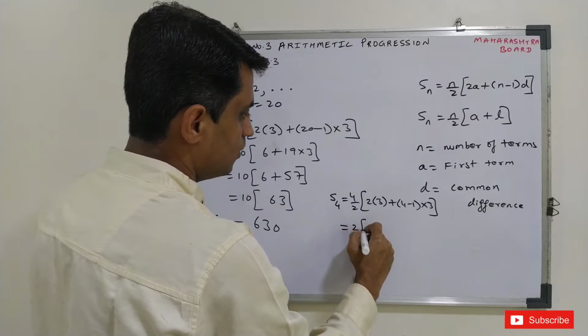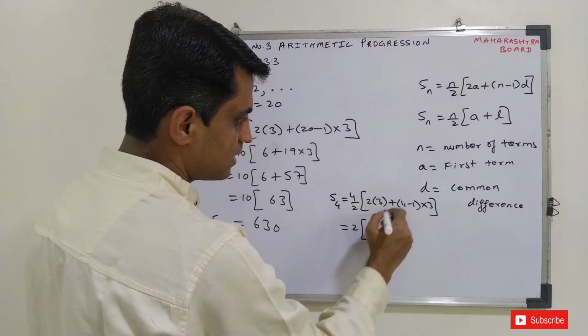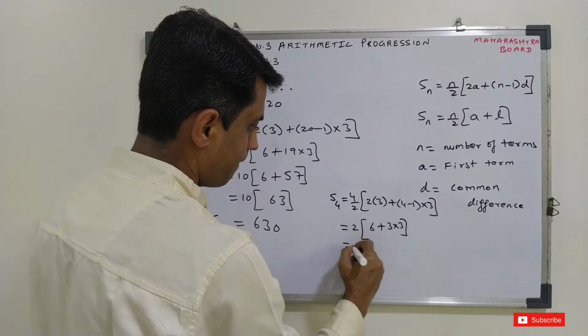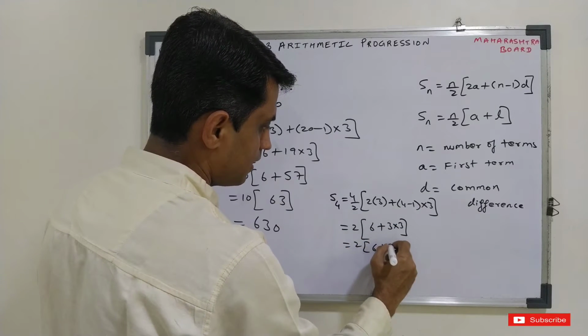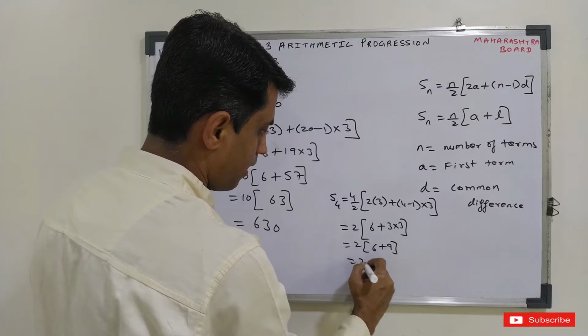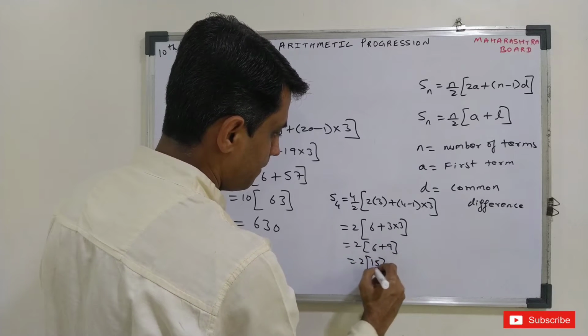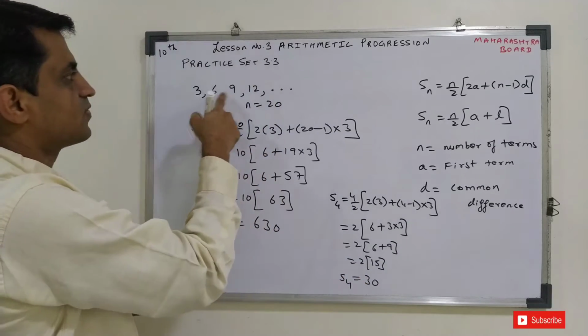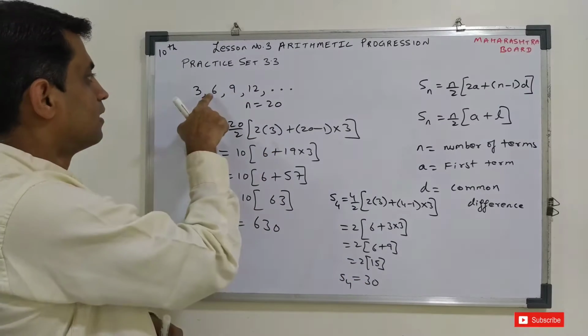So this will give you 2 into (3 twos are 6, plus 3 into 3, 3 threes are 9). So you got 15, and the answer is 30. So the sum of these 4 terms is 30.